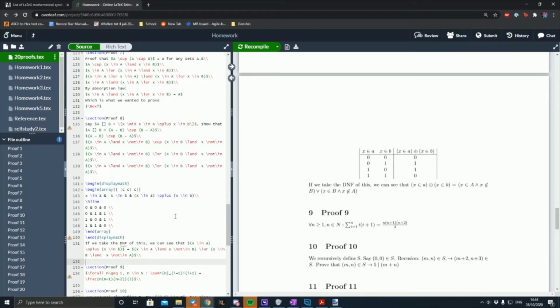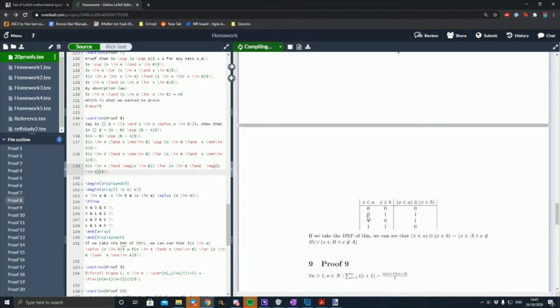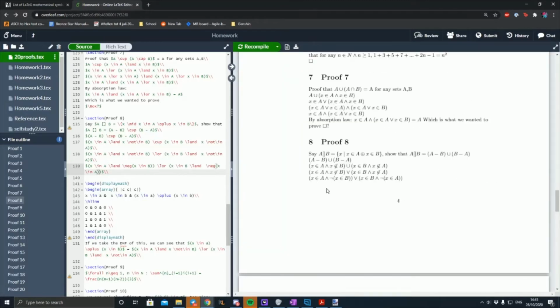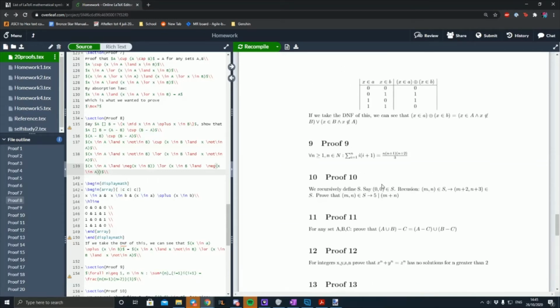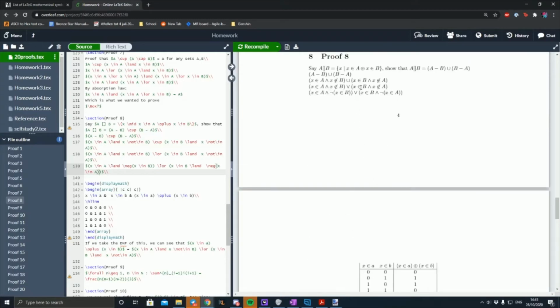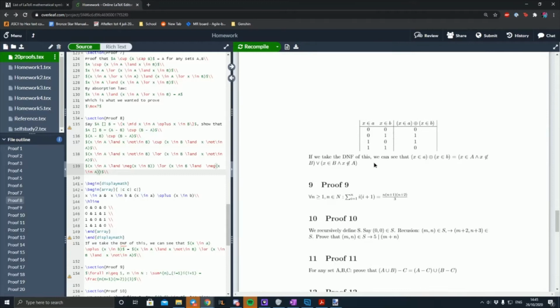I guess we can add one more little step here, saying that instead of not x in B, we can say neg x in B. And the same here, instead of saying x not in A, we can say neg x in A. In that way we can see the predicates more, because here we have x in A and not x in B, or x in B and not x in A. So a disjunction of conjunctions. Yeah, okay, so this is correct.